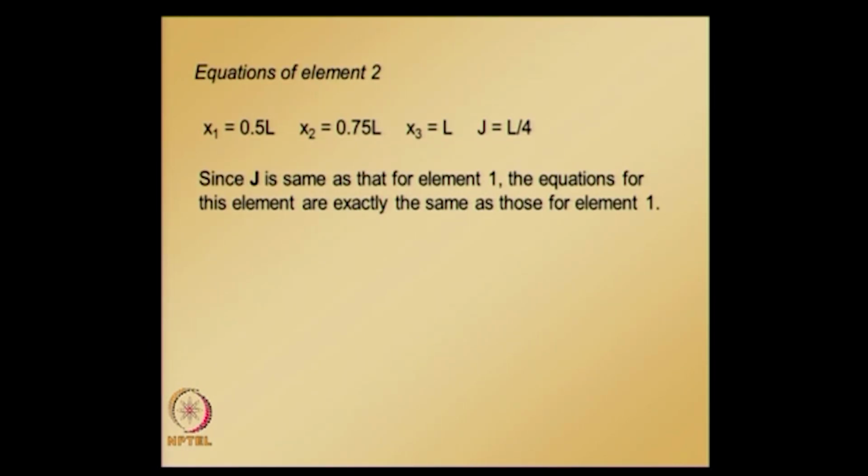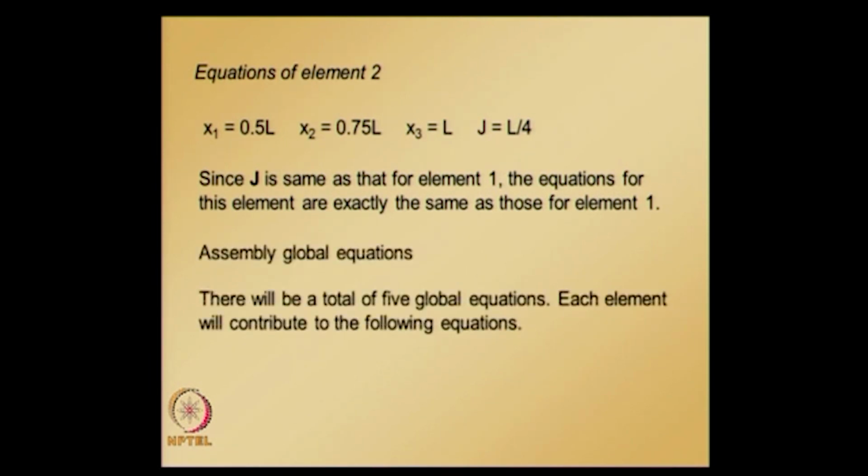Now we are ready to assemble the global equations. There will be a total of 5 global equations, because there are 5 nodes. Element 1 contribution goes into 1, 2, 3 row and column locations of the global equation system, and element 2 contribution goes into 3, 4, 5 row and column locations.